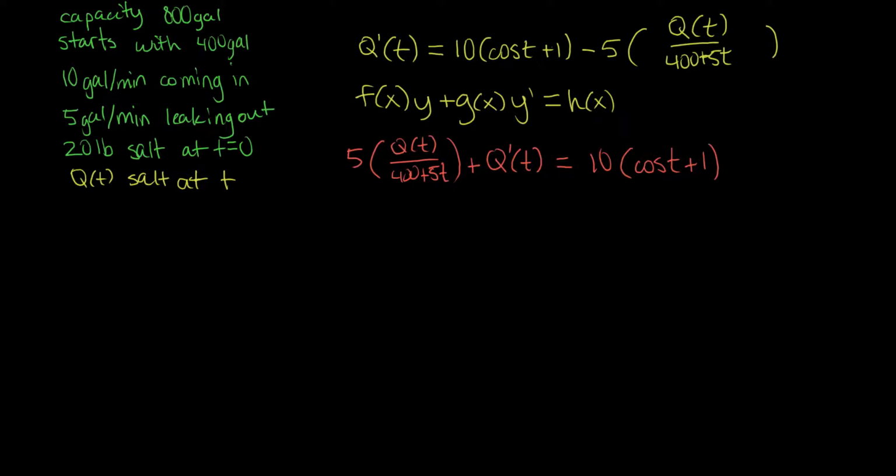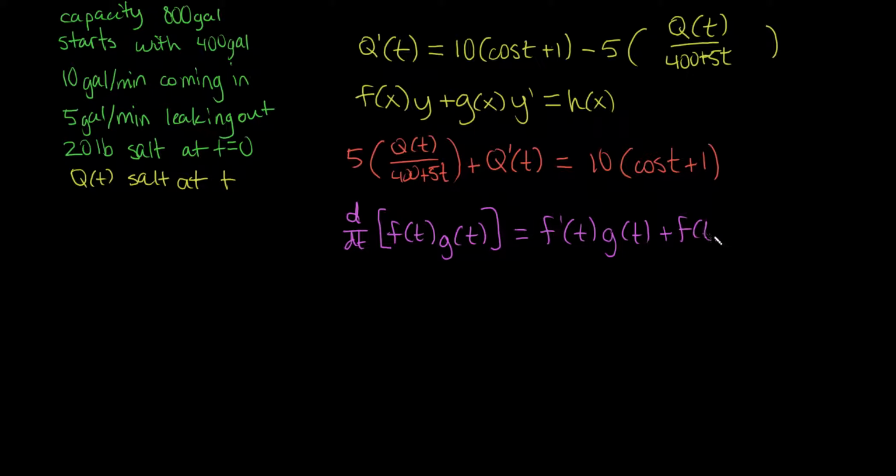And we'll remember, if you have the derivative with respect to time of a function f of t times a function g of t, this equals f prime of t times g of t plus regular f of t times g prime of t.